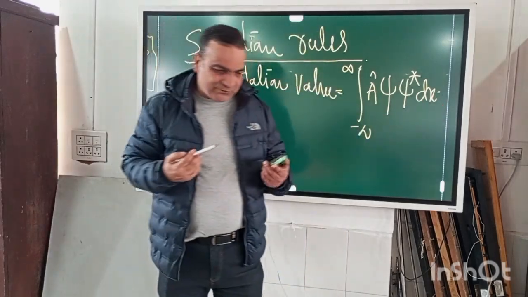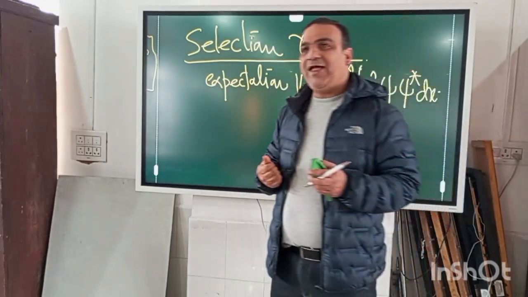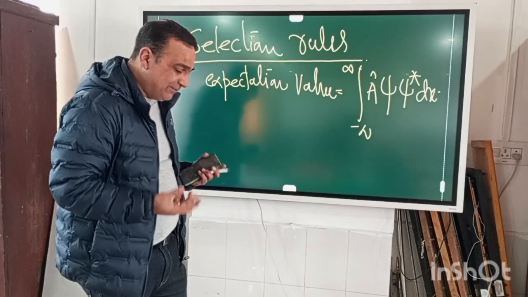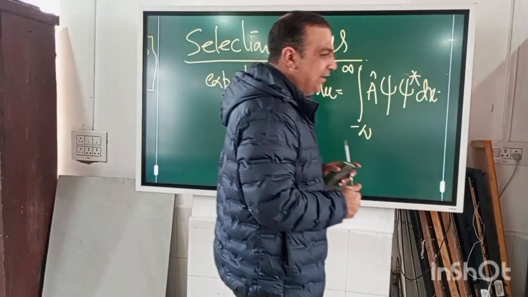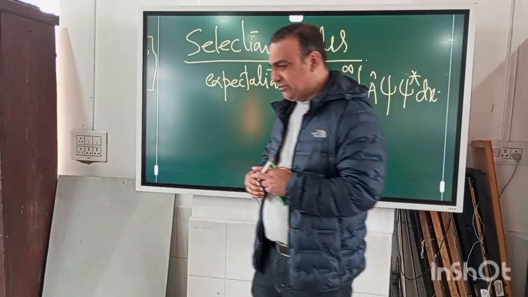Now, how does the calculation of the expectation value lead to what's called allowed transitions and forbidden transitions?